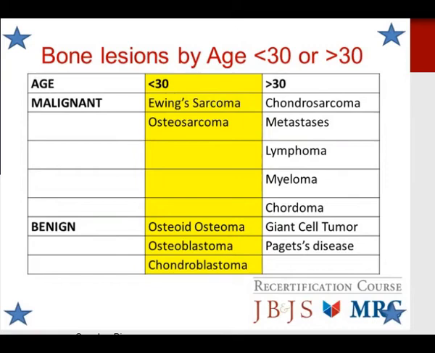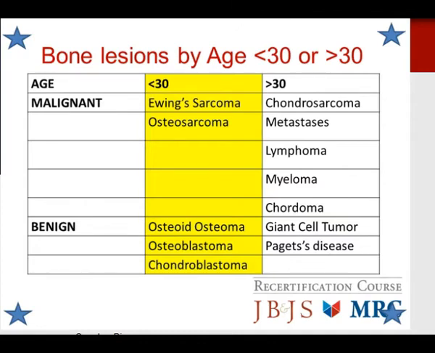If you look at tumors, they basically occur in 2 age categories, less than 30 or greater than 30. The primary bone tumors that occur in patients less than 30 are Ewing sarcoma and osteosarcoma. And patients who are over 30 are at a propensity of having chondrosarcoma, metastases, lymphoma, myeloma, or chordoma.